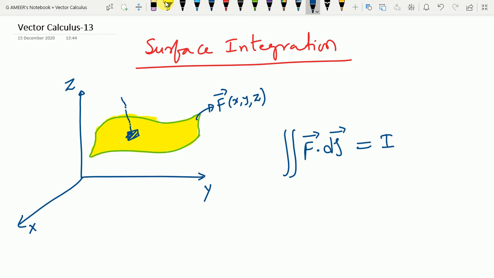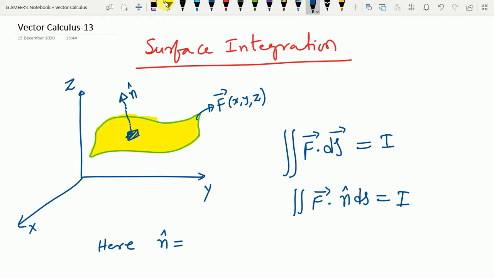Let us say this is the vector which is normal to the given surface. So this integration can be simplified: F dot dS can be written as F dot n cap dS. Here n cap is the unit normal to the surface.